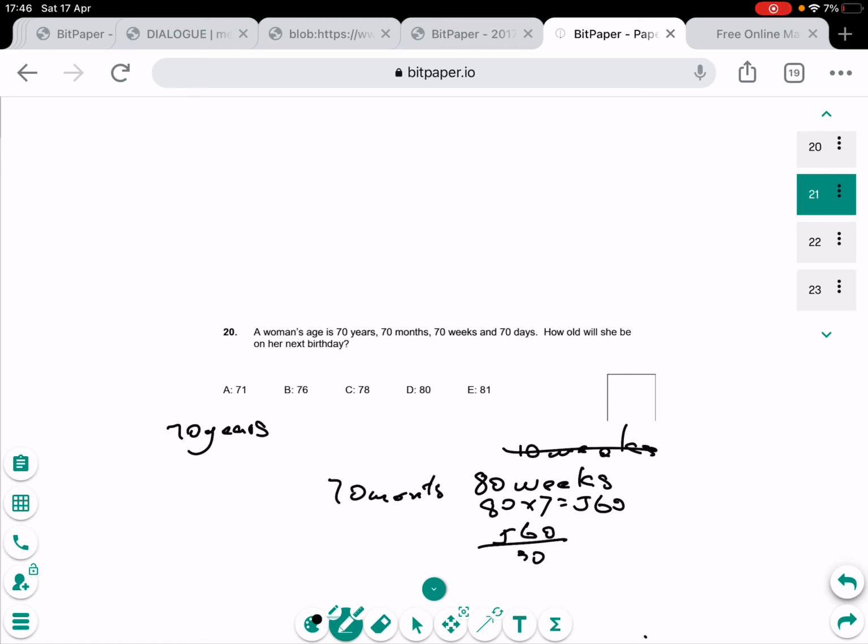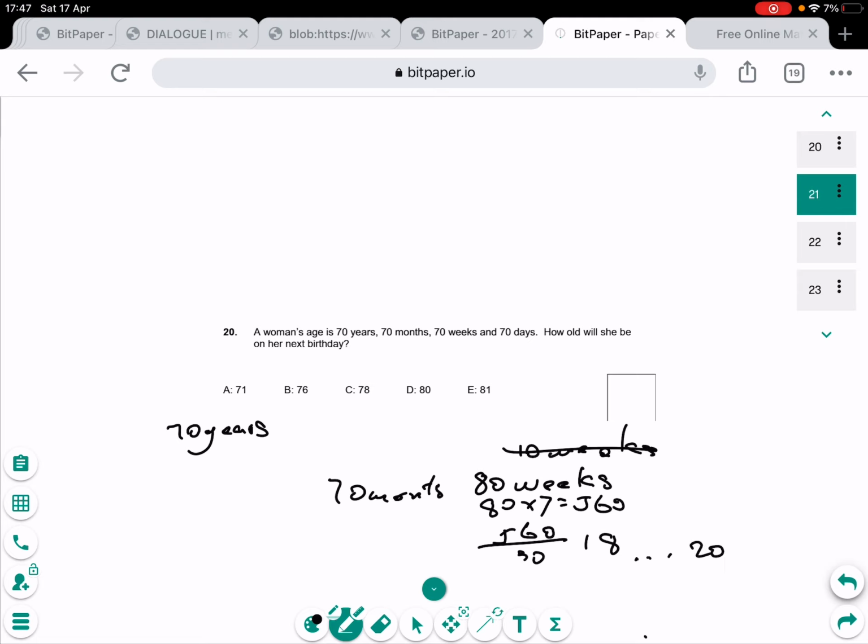So let's divide that by 30. 18 remainder 20. 18 times 3 equals 54, doesn't it? So the remaining is 20. Okay, good.